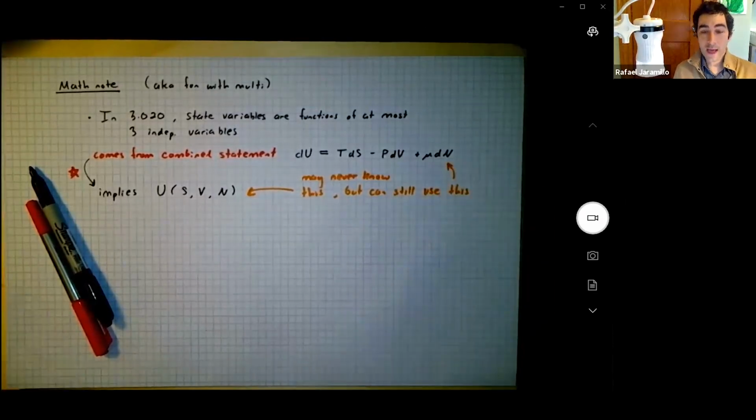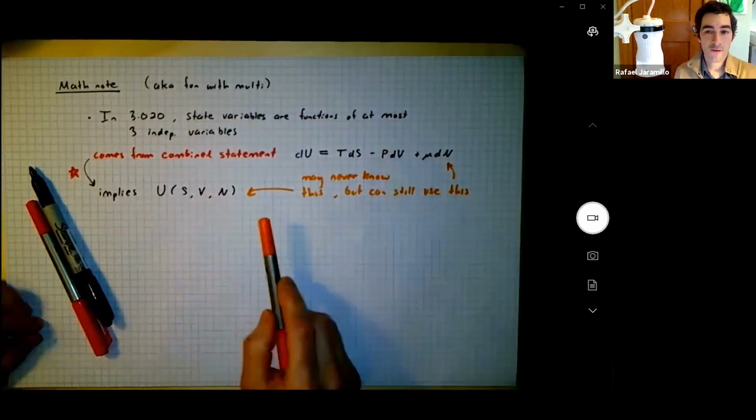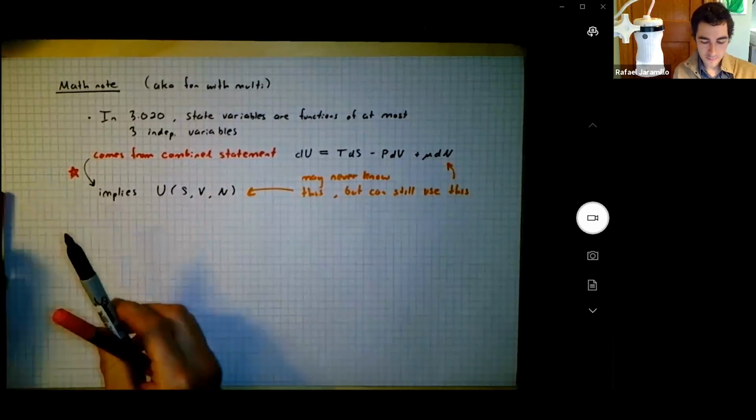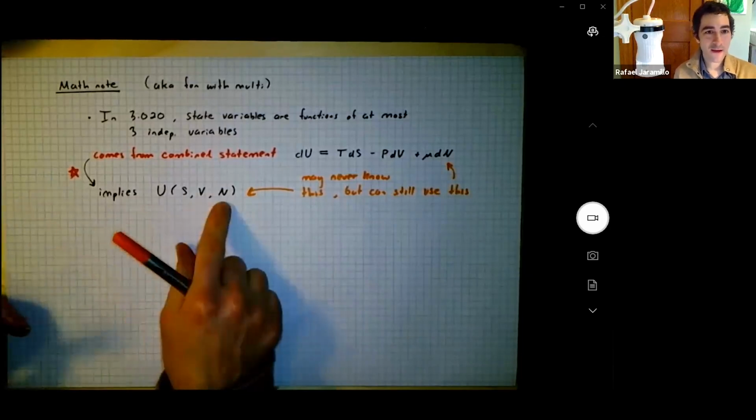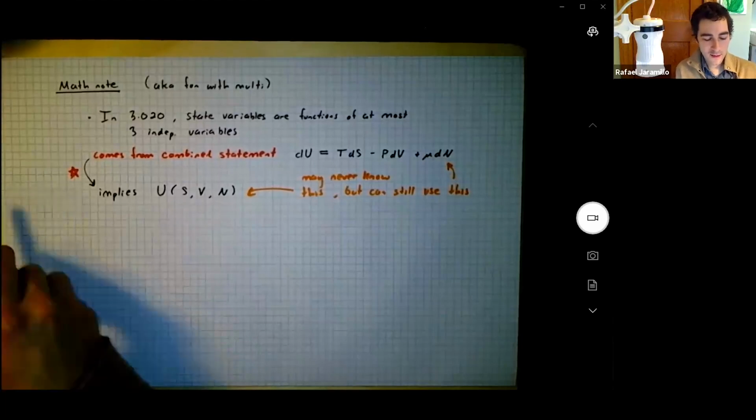That is, we may never know the closed form of the state function, but we can still use its differential form. In fact, outside of the ideal gas situation, we almost never write down any state functions in this class.